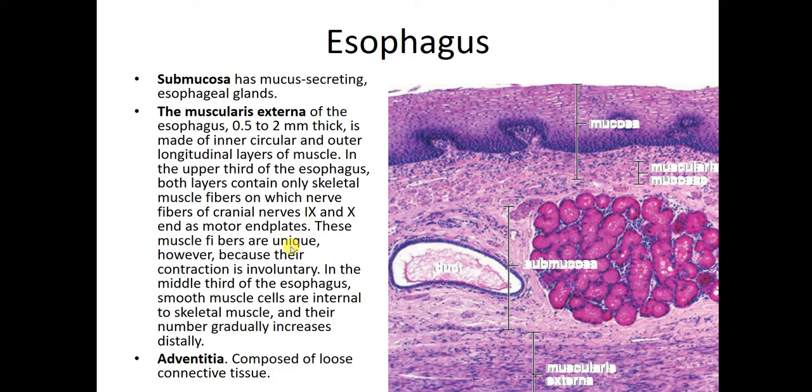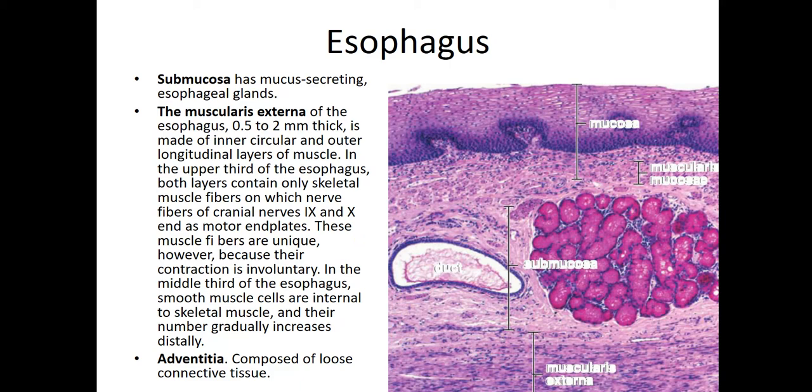So you see, in the upper portion, you remember what is above the esophagus? Of course, it's the pharynx. And the pharynx uses skeletal muscle for swallowing movements because it should be under our willing control. The same applies to the esophagus.